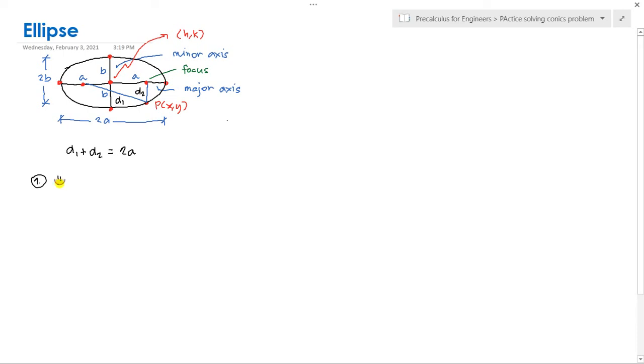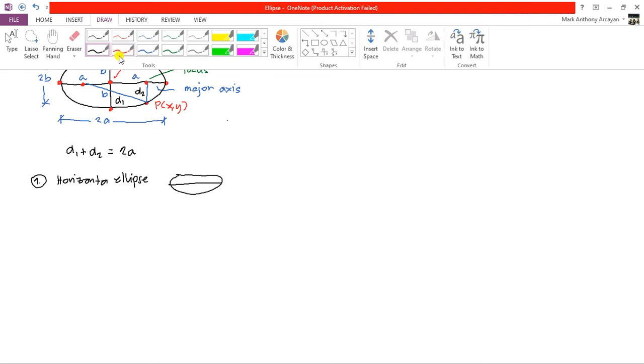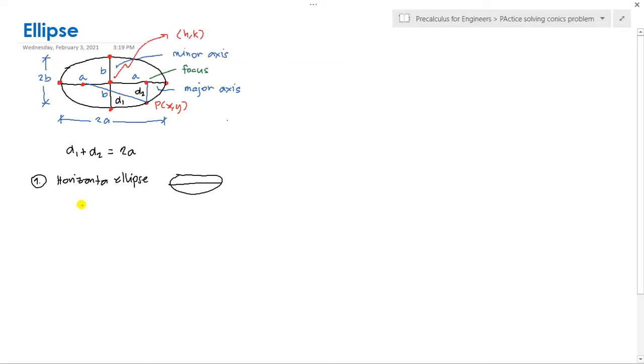The first one is a horizontal ellipse. Kung ato siya i-illustrate, meaning ang iyang major axis kay naka-horizontal. So ang iyang formula for a horizontal ellipse is (x minus h) squared all over a squared plus (y minus k) squared all over b squared is equal to 1.